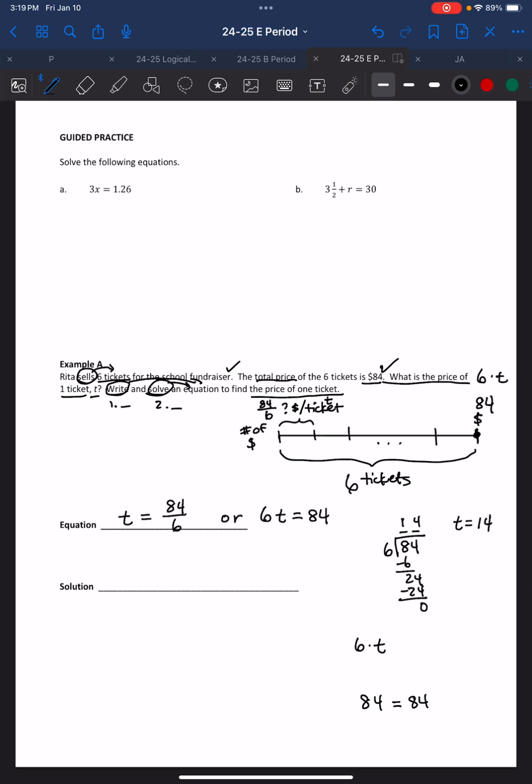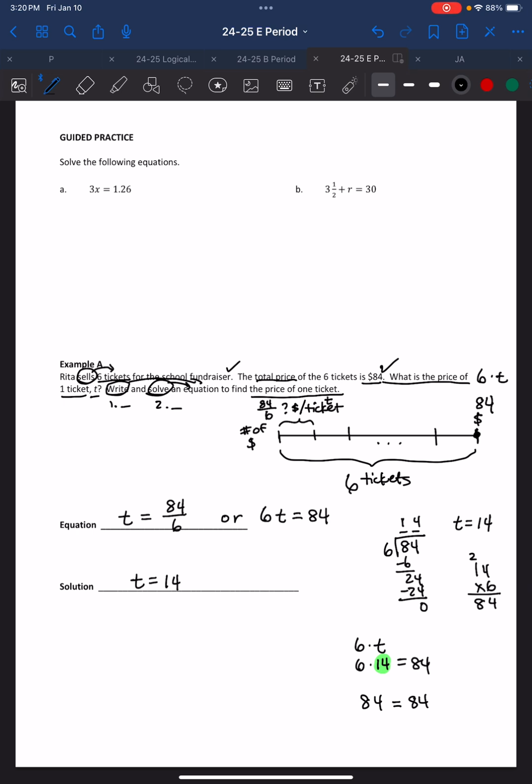I just want to see if I substitute the value for T being 14, do I actually get 84? 6 times 14, let me do the multiplication. Do both these expressions equal the same number? Yes, they do. So therefore, the value for T that makes this equation true is 14. Therefore, the solution of this equation is indeed 14.